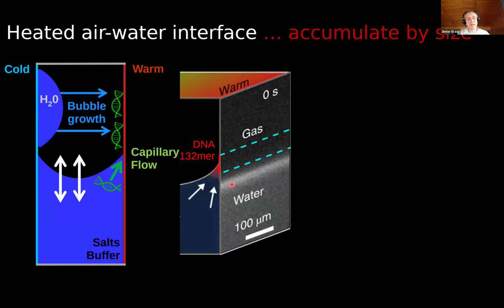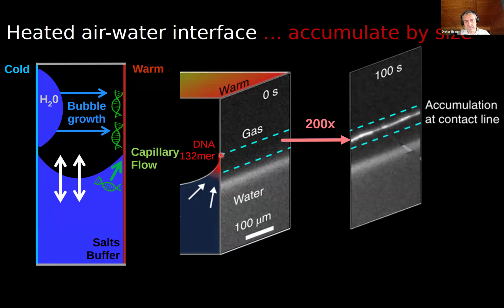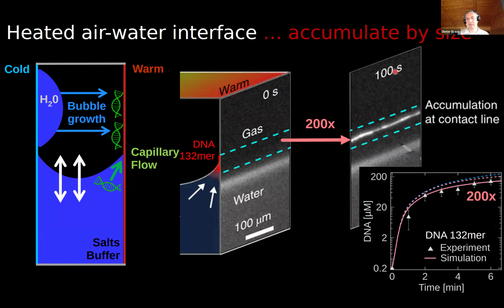It could also be that DNA already has some tendency to be at the interface. But what then happens at the real interface, where this comes together, is you get a very pronounced high line of fluorescence at the contact line, which builds up very fast. That speed is actually quite a good argument for this, because opposed to the thermophoretic traps, which need more time, more on the hour time scale, this runs on the minute time scale.